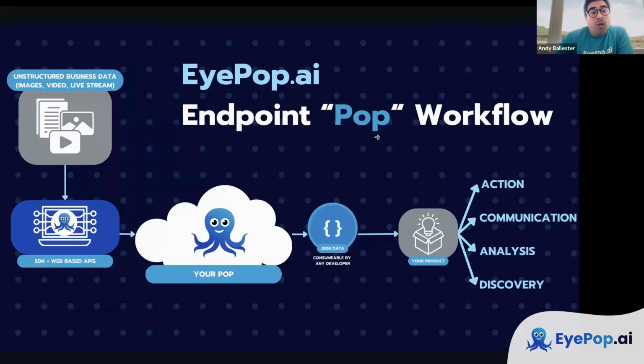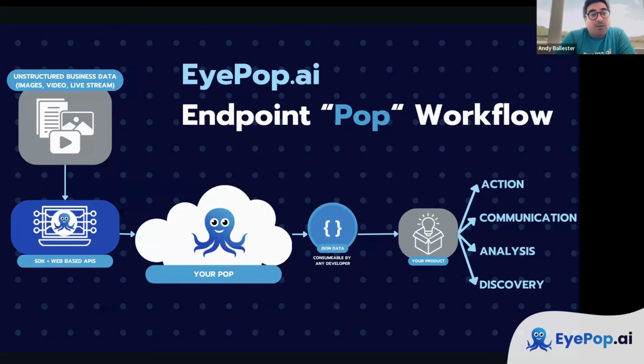So in this flow, generally, we're always going to start with what is the visual data that we are interested in analyzing. When we think about unstructured business data in the form of computer vision, it's usually images, video, or live stream. Those images can be natural camera images, or they could be generated images, hyperspectral images, all kinds of data that looks like an image.